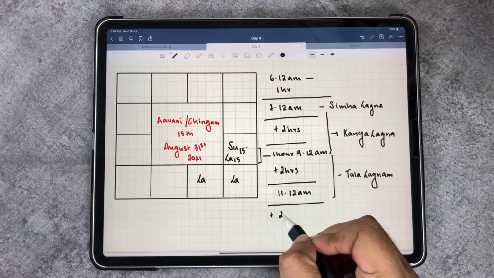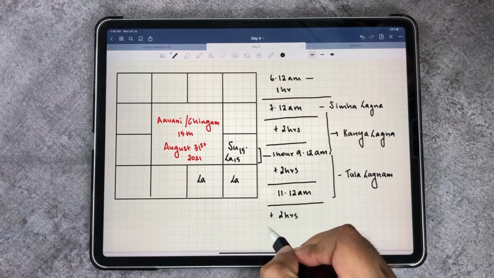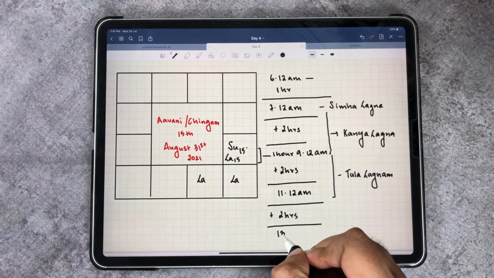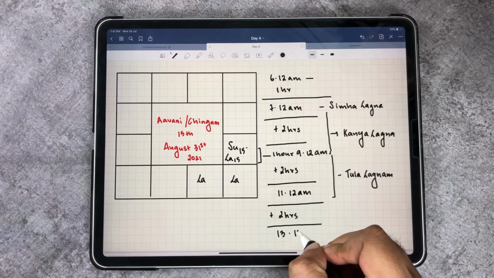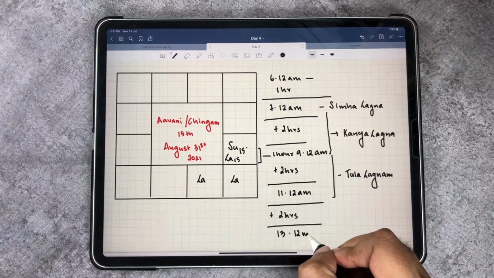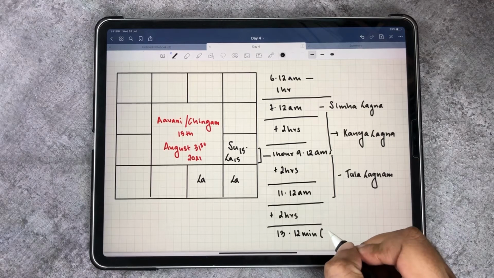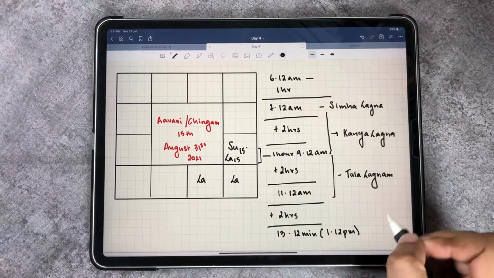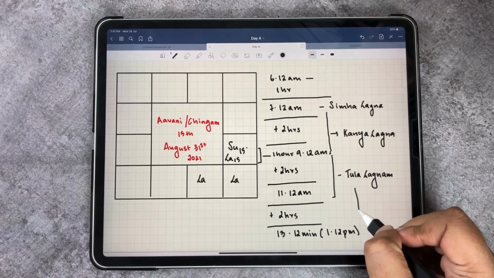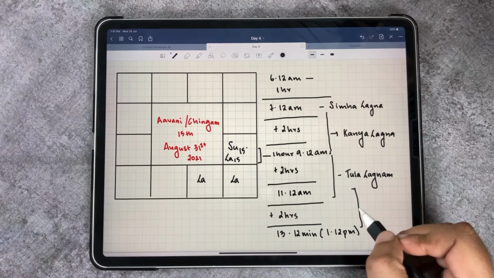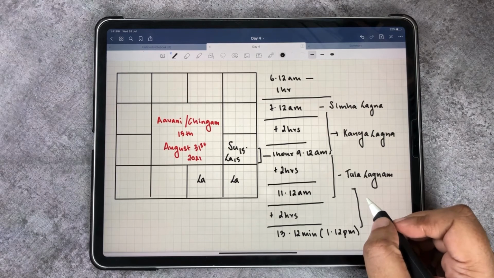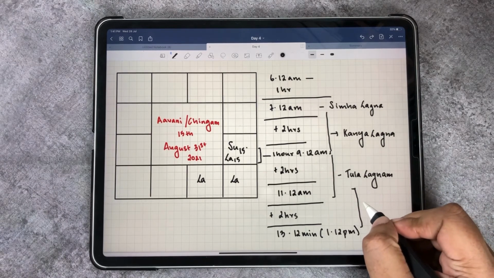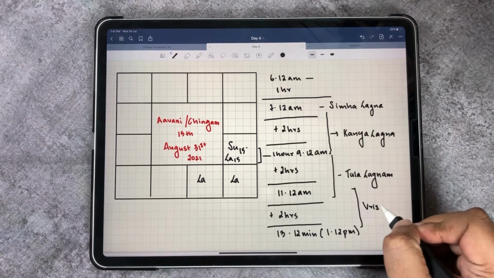Again, add 2 hours. You will get 13 hours 12 minutes, or 1:12 p.m. So from 11:12 to 1:12 or 13 hours 12 minutes, what would you have as the Lagnam? Vrishchika Lagnam.